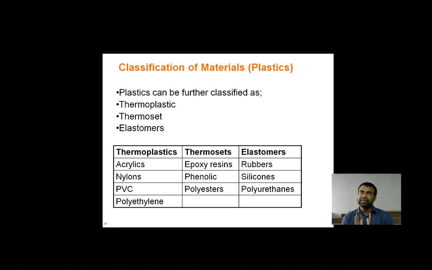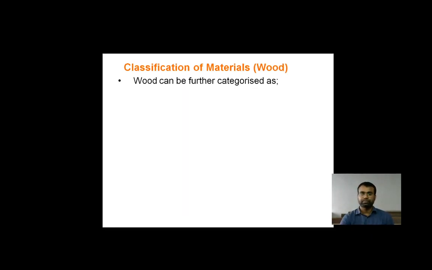So these particular materials are categorized into three categories, and these three categories possess various kinds of components, each of which has its own importance and does its work according to the working condition.